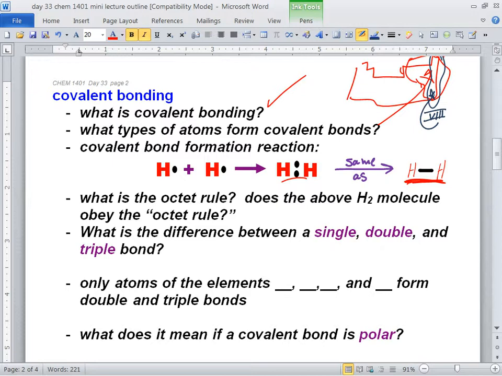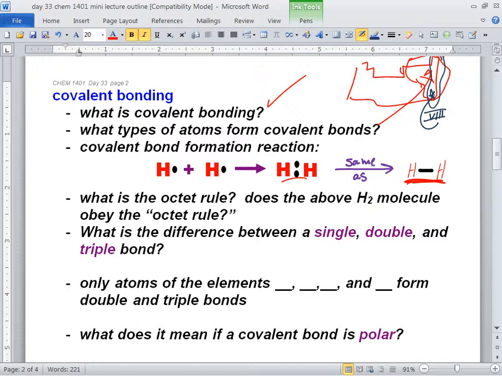So, does it look like hydrogen obeys the octet rule, Giselle? Nope. Not even close, right? But it does meet the essence because it has the same number of valence electrons, Lorena, as what noble gas? Right?